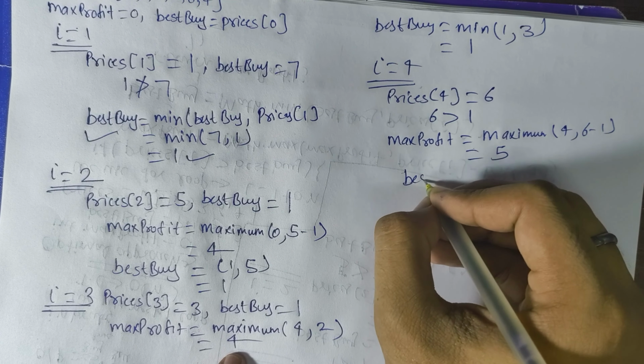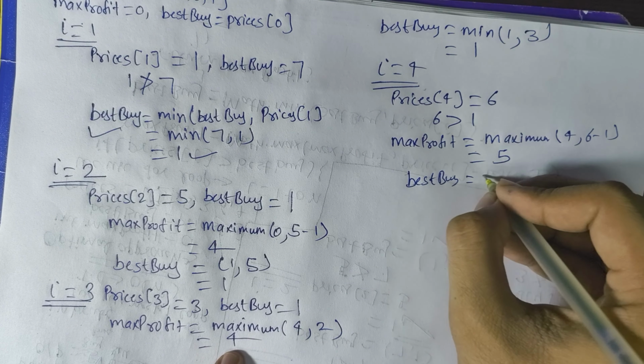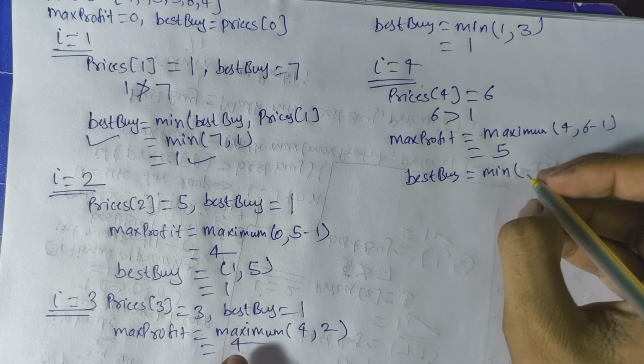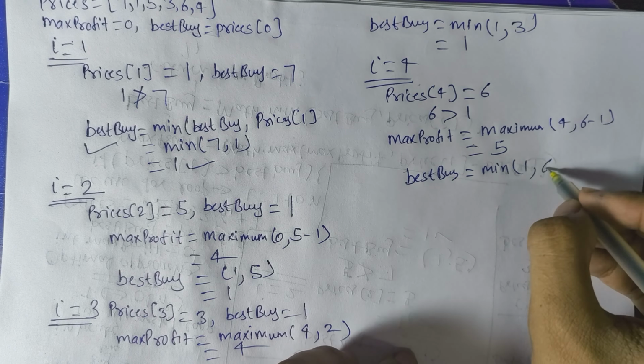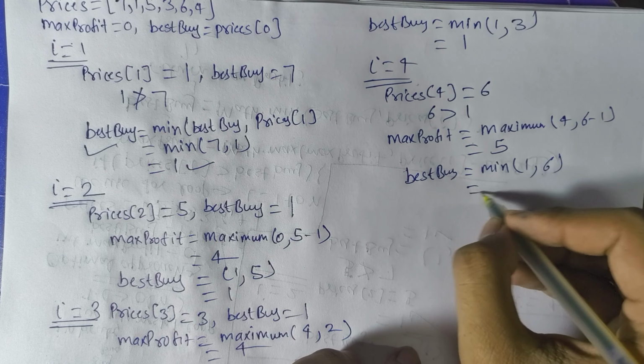And best buy is the minimum of 1 and 6, so the minimum between 1 and 6 is 1.